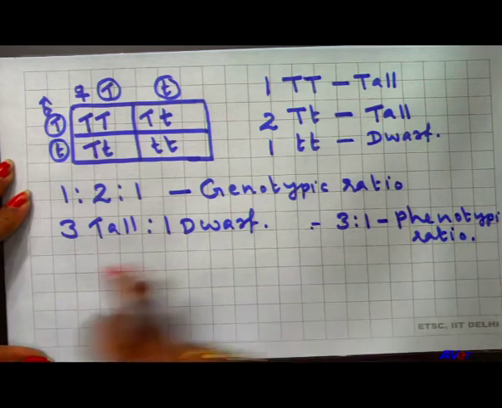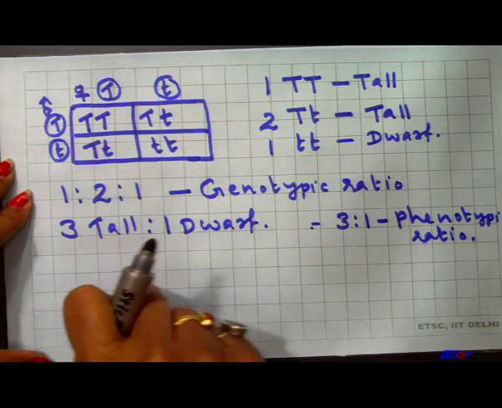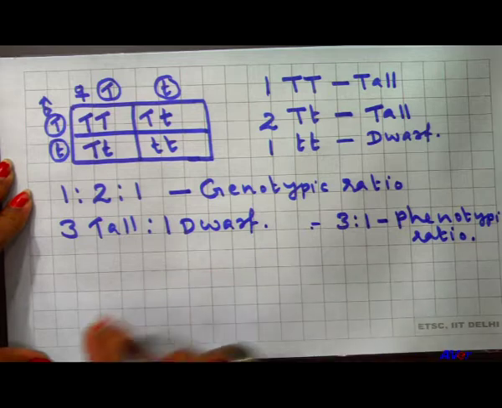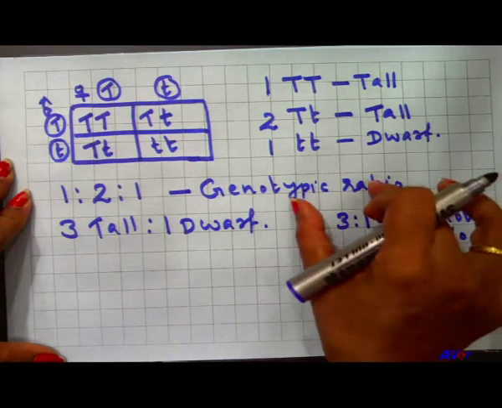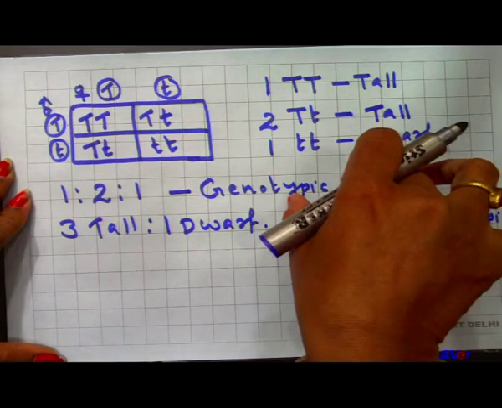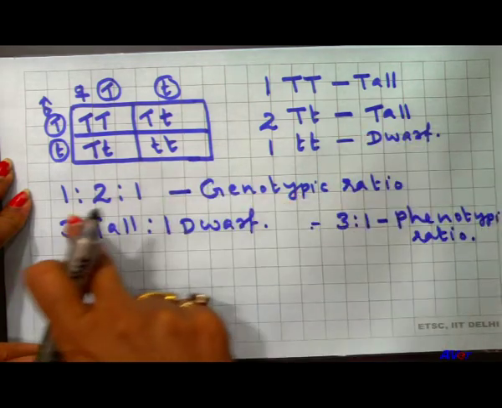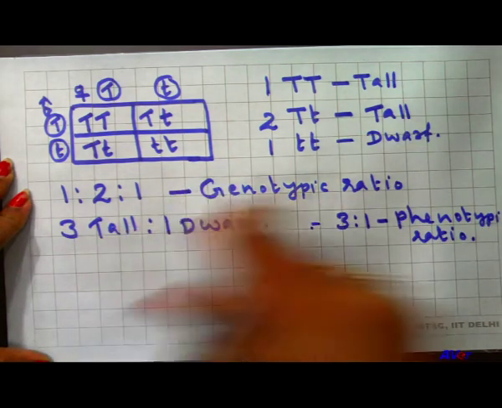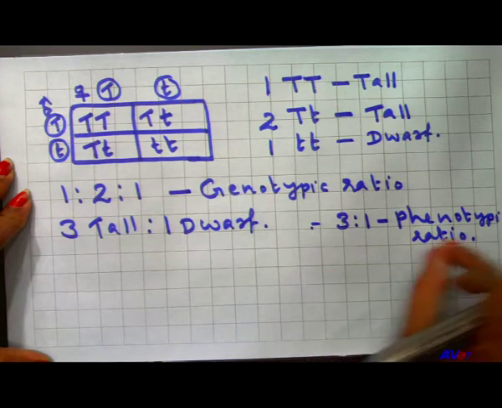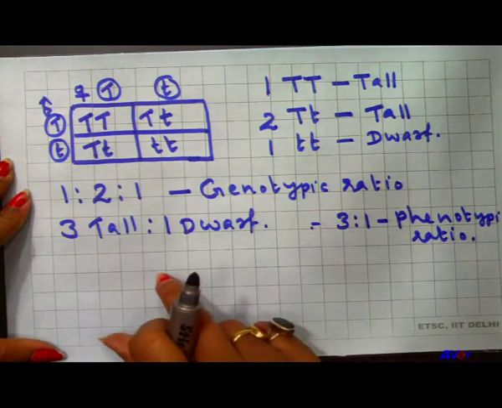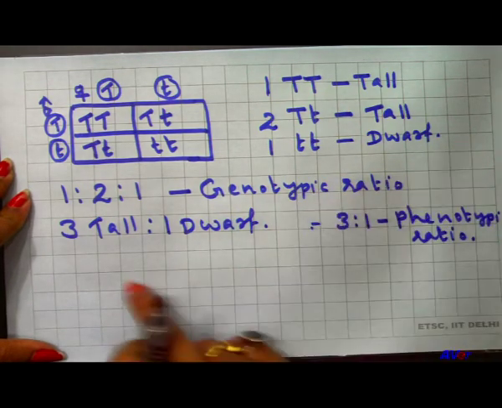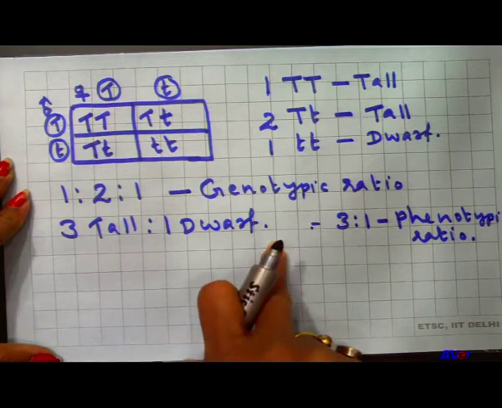So, 2 concepts coming here, the basic in genetics: F2 genotypic ratio of a monohybrid cross, that is 1:2:1, and F2 phenotypic ratio of a monohybrid cross, that is 3:1.